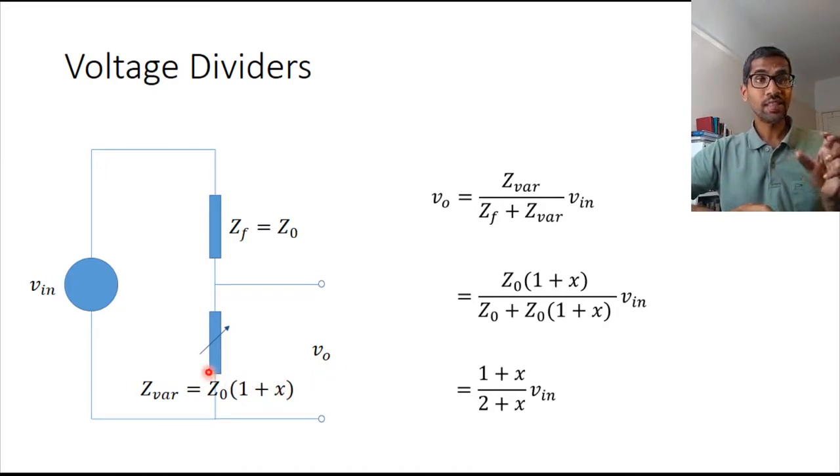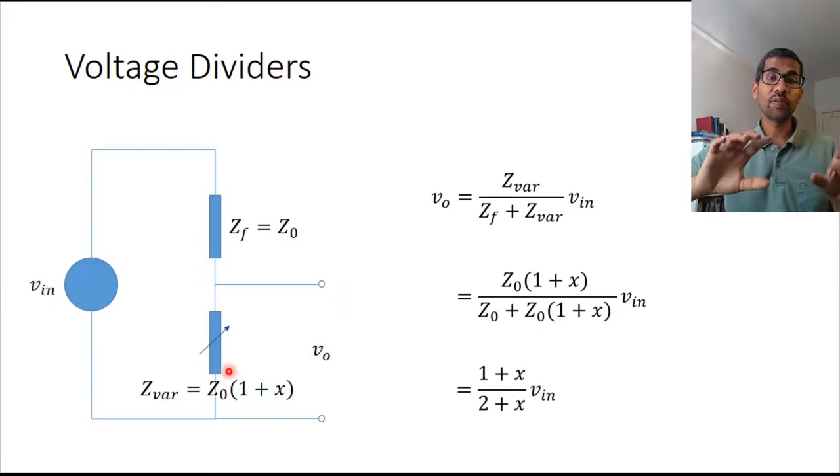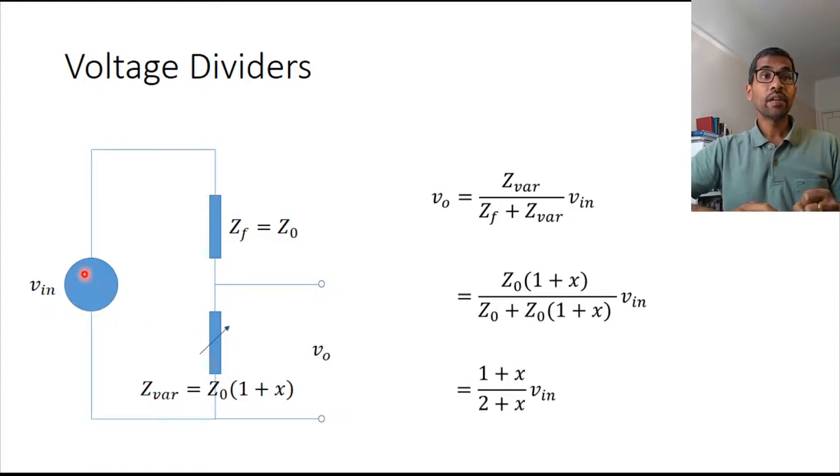So to make these impedances finite, which is any value other than infinity or zero, what you would have to do in case we have capacitors and inductors is that this V in cannot be of zero frequency. The V in would have to be of a frequency that is finite, that is above zero.